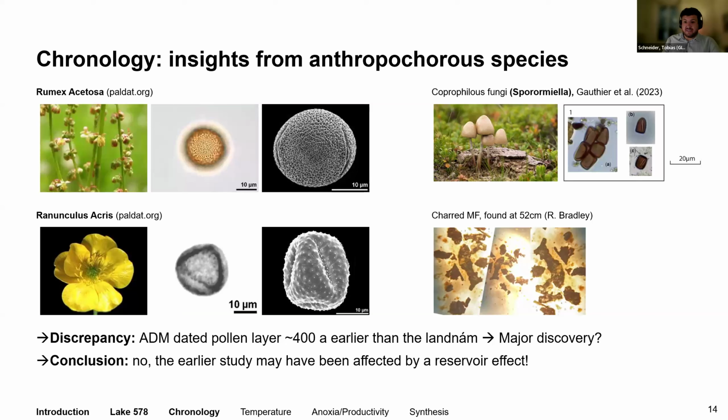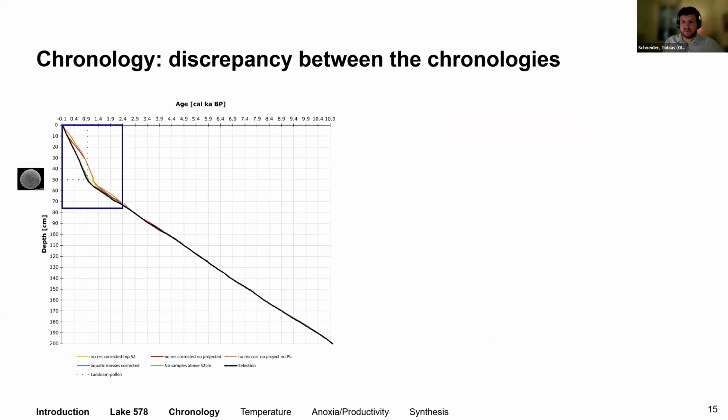And unfortunately, we couldn't confirm that the layer dates to 600 AD, but rather to roughly 950 CE. So actually, there was an age offset in the previous chronology that probably arose because of a reservoir effect.